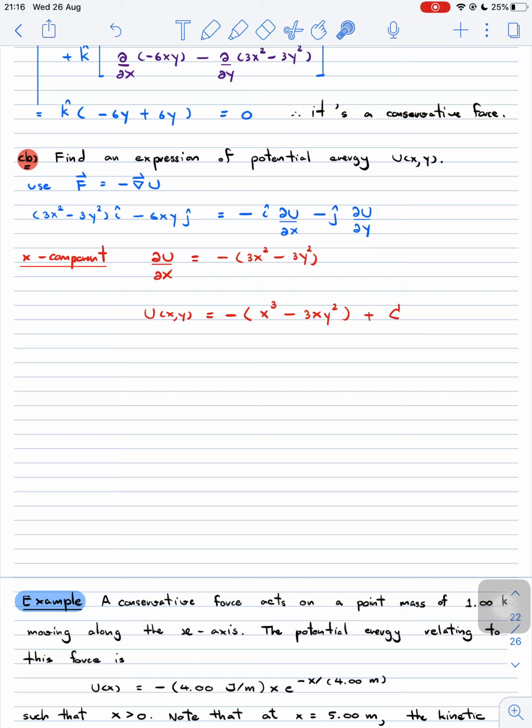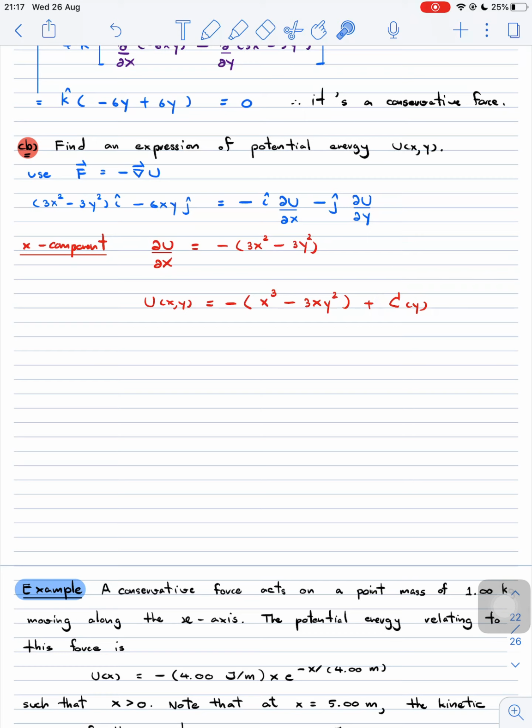Because after the integration without the lower and upper bound, we just add the constant as well. But now this is the constant for x, but it can depend on y as well, right? Because in terms of x, y seems to be constant, so that's why we just add the function c, which depends on y.